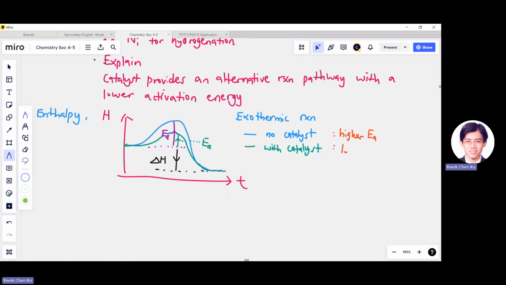With catalyst, lower activation energy. But for both cases, think, what happened to the delta H? Delta H is still the same.